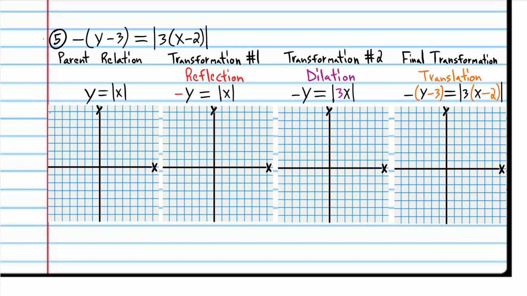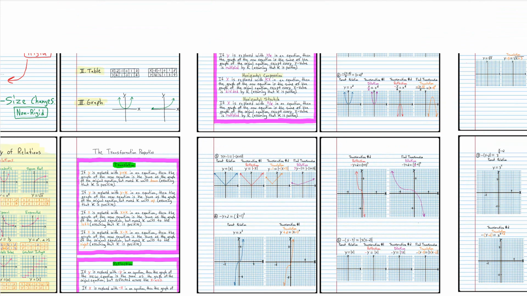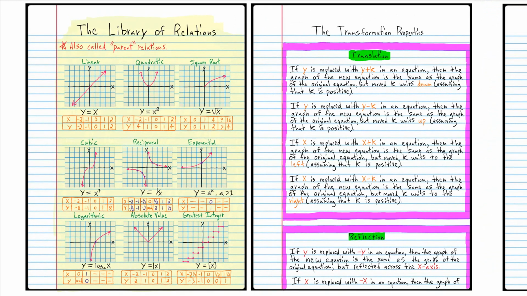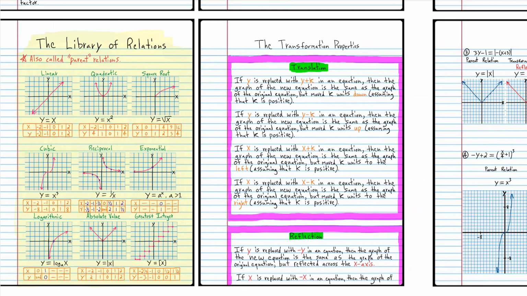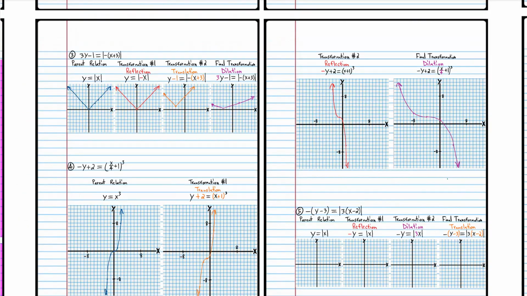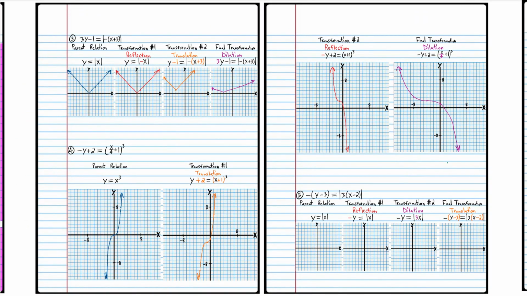So you want to start by looking at your library of relations and graph that parent graph and follow these steps. Now, if you haven't gotten a picture of the transformation properties yet or the library of relations, I'm going to give you one more chance to do that. So after getting a picture of all those, go ahead and try number 5. I'll leave number 3 and 4 in the window. Try number 5. When you come back, we'll do it together.